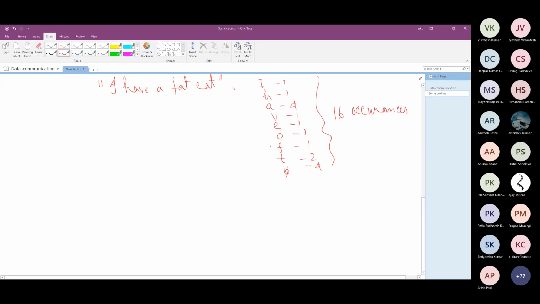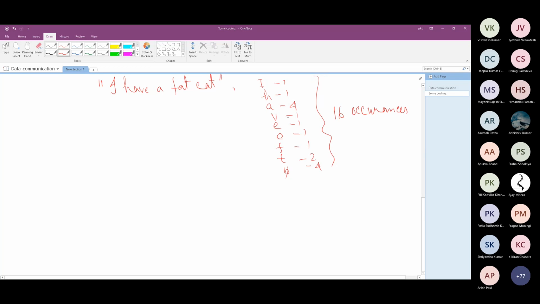If I go on tossing more, there will be more occurrences. Now here I have 16 letters, so within this there is a certain amount of redundancy.